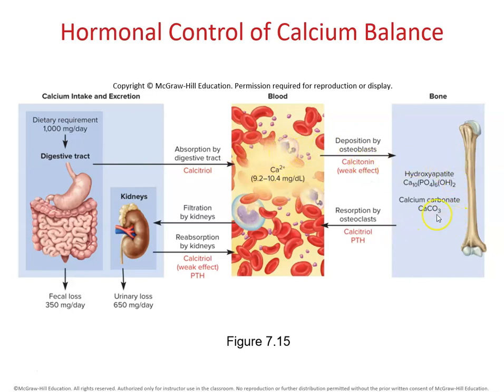If we're doing resorption and we're moving calcium from bones to blood, it's calcitriol and parathyroid hormone. And if we're moving calcium from the blood to the kidneys to be excreted, that's going to happen by filtration.